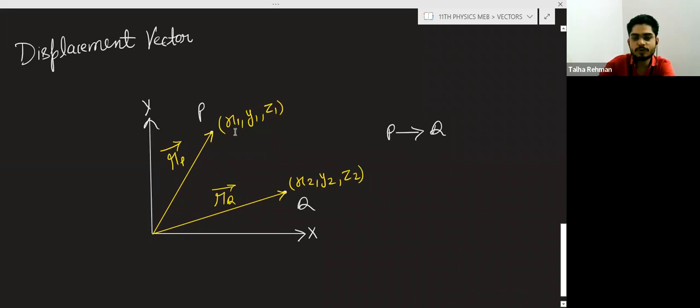Now you want to find the position vector or displacement vector from P to Q.